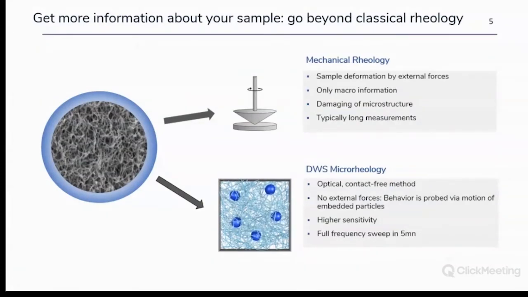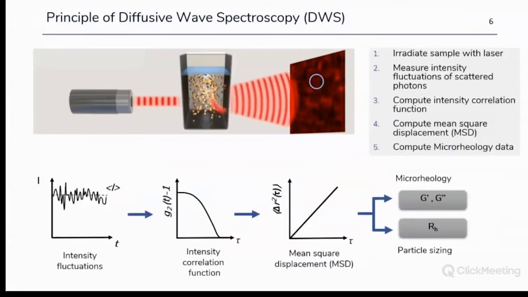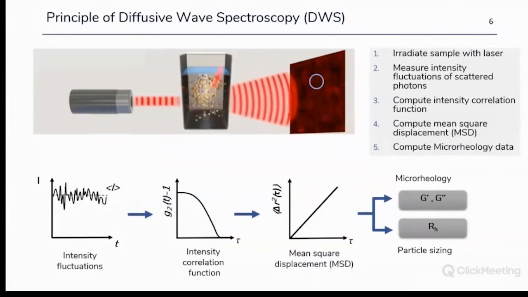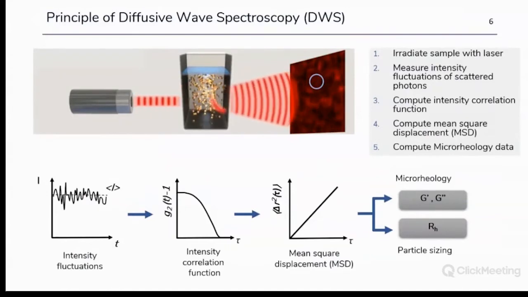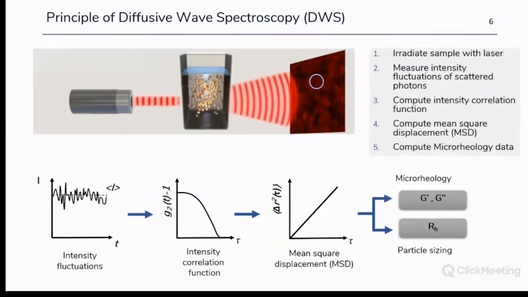So let's see what is the principle behind the diffusing wave spectroscopy technique, which allows us to perform microrheology experiments. We see here in this animation our sample in the cuvette. The sample contains some particles that diffuse light.